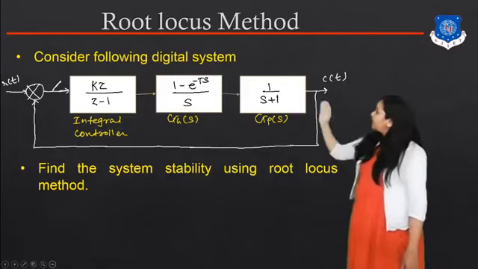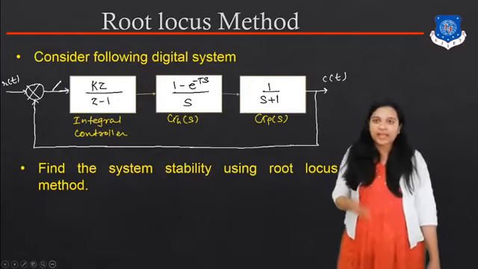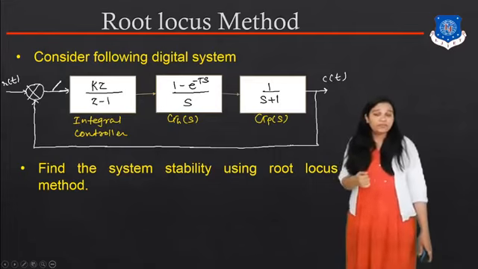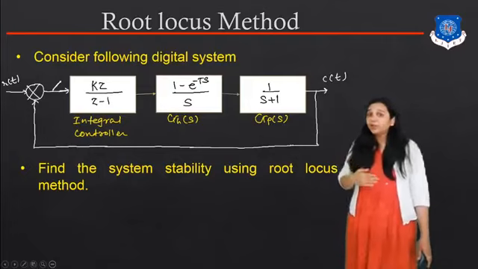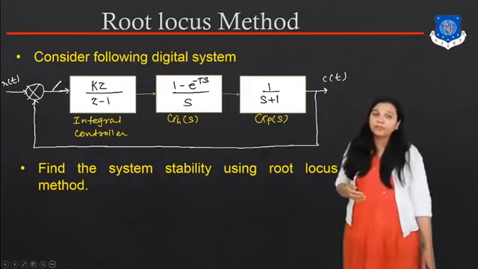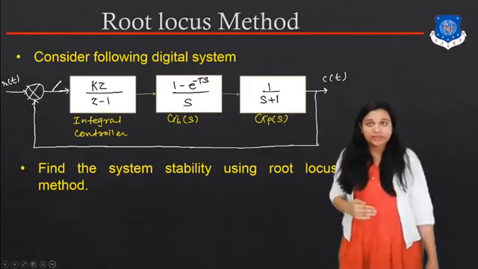Now here you can see that we will deal with the discrete system. So what are the steps of the Root Locus method for the continuous system? As we know, the first step is to find the number of poles and zeros using the transfer function. After that, we find the centroid of the system, then the angle of the asymptotes.